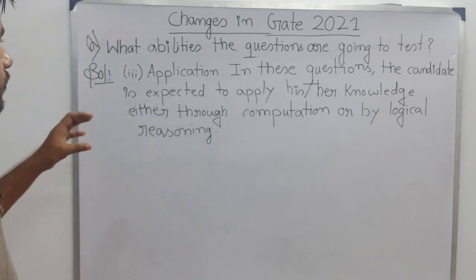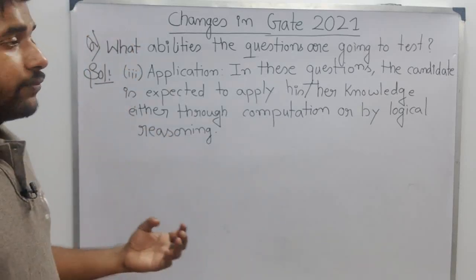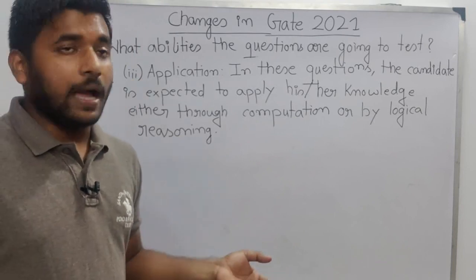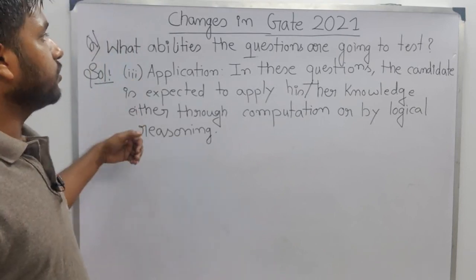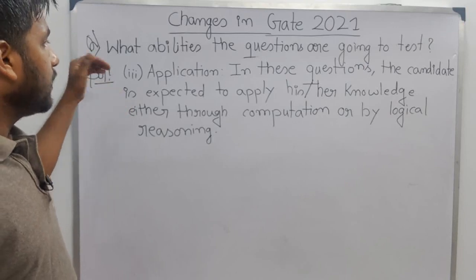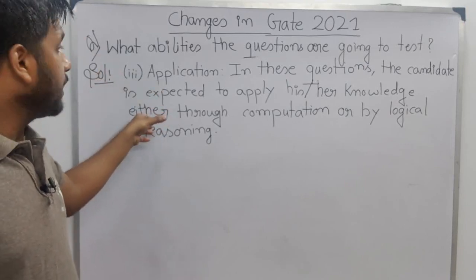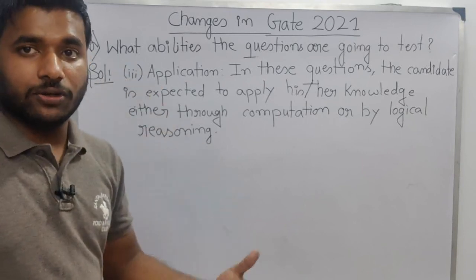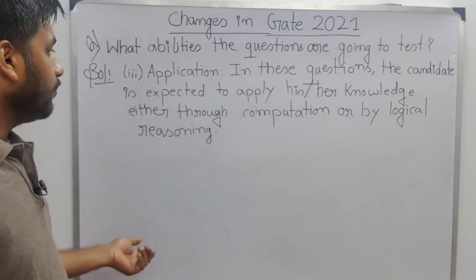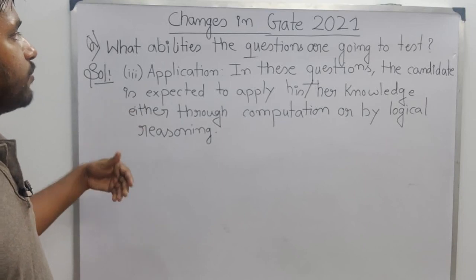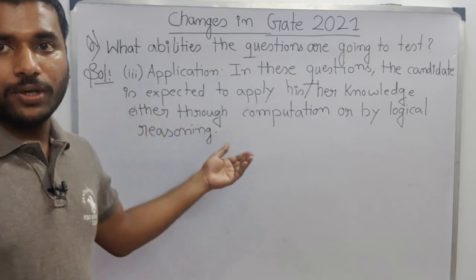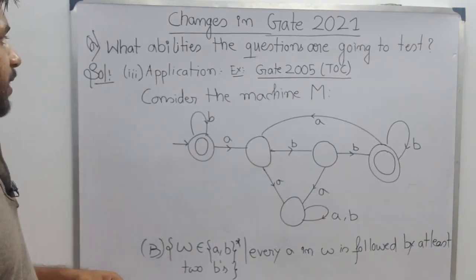Whatever you have understood, they are going to ask you to draw applications from it. So this is the third thing that this ability is going to check, whether you have application ability or not. Now I will take one example to explain which type of questions belong to application. This is an example of application.